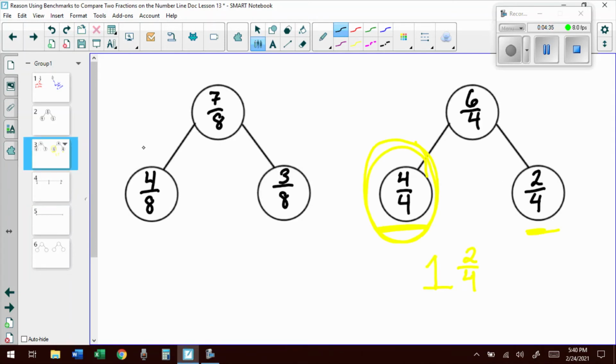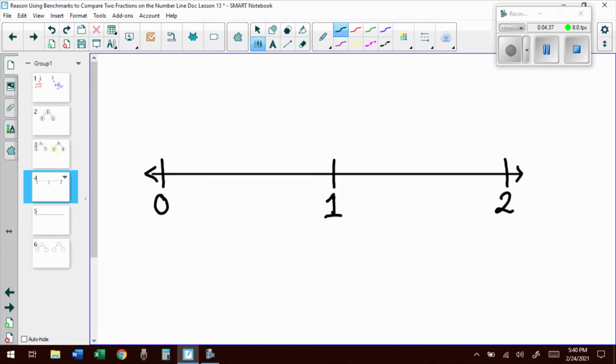So first let's find this 7/8. 8 being an even number, I know that I can start with partitioning my number line in half. So I have two pieces right here. 2 times what equals 8? 2 times 4. So I can partition each half in fourths.